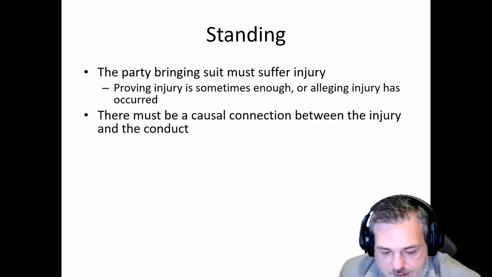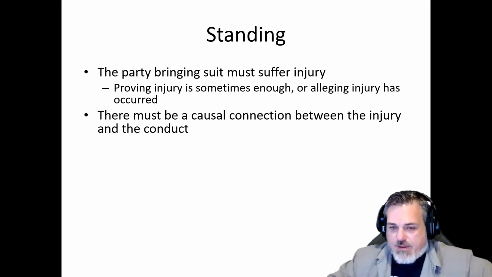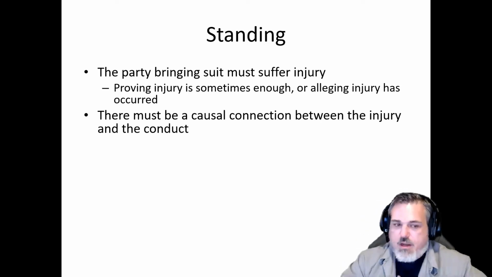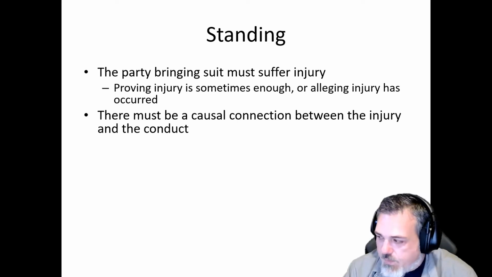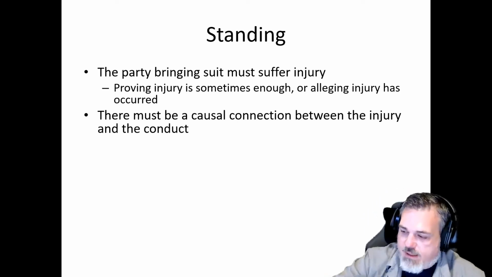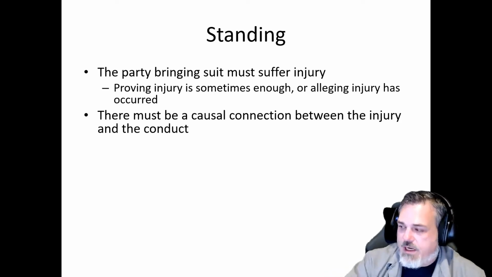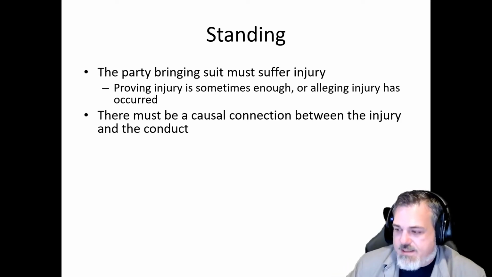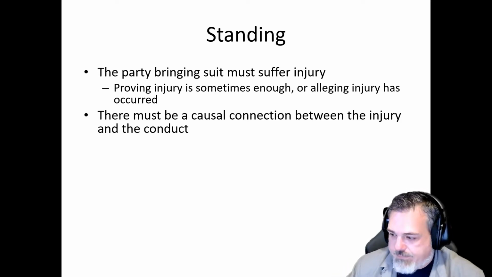Another part of standing is you have to be able to demonstrate a causal connection between injury and conduct. So you have to demonstrate, and this happens primarily in civil suits and tort suits, that your injury is the result of negligence on behalf of the other party.